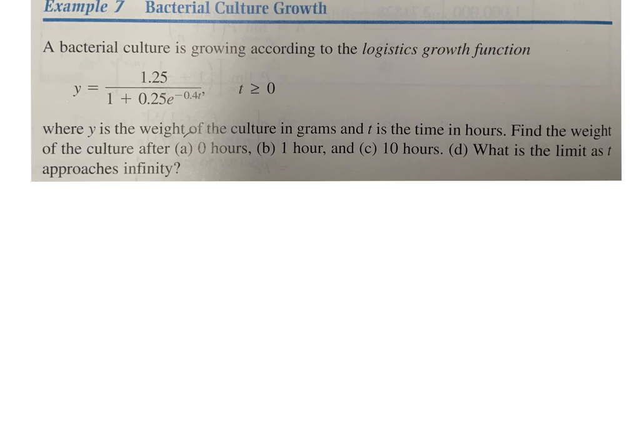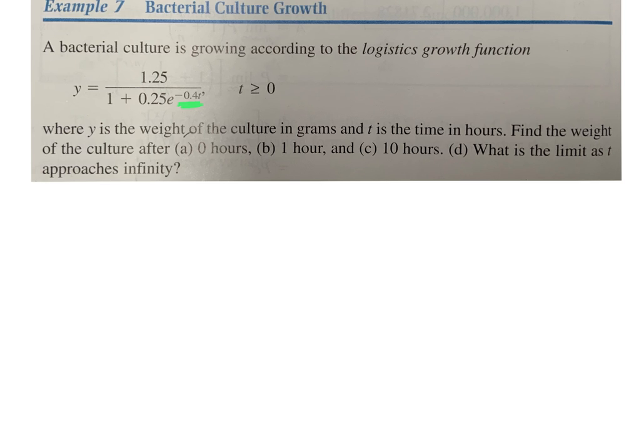Y is the weight. T is the time in hours. Find the weight after 0 hours, 1 hour, 10 hours. What is the limit as t approaches infinity? And so then they're wanting you to then say, oh, well, this is going to be e to the negative 0.4 times t. Well, the exponent is approaching negative infinity, so that piece is going to be approaching 0 because it's going to be in the denominator that my infinity is growing.